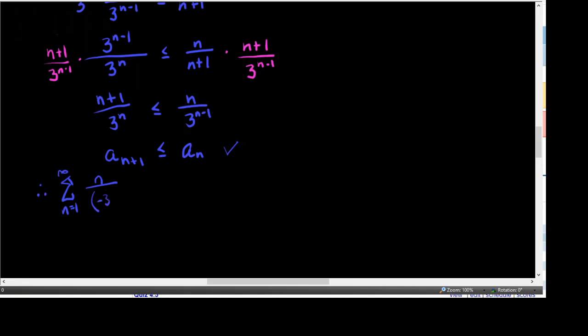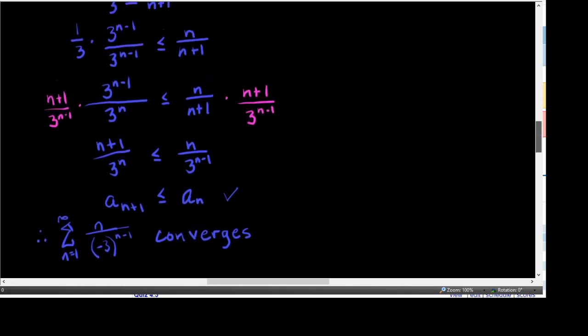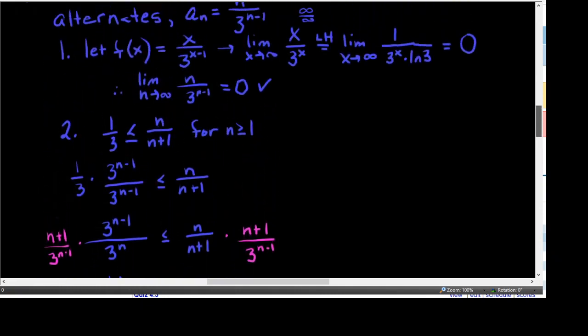Excuse me. That's negative 3 to the n minus 1. There we go. Converges. And we could, at this point, be a little bit redundant and say it converges by the alternating series test if you wanted to. But because I wrote alternating up above, that's not really required.